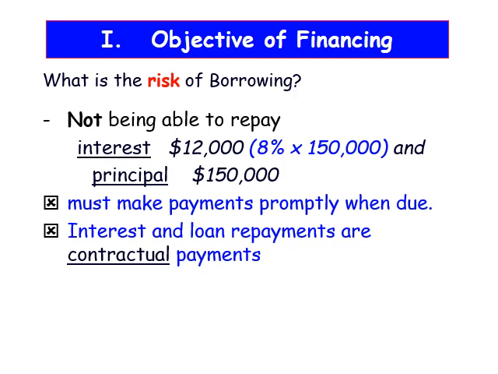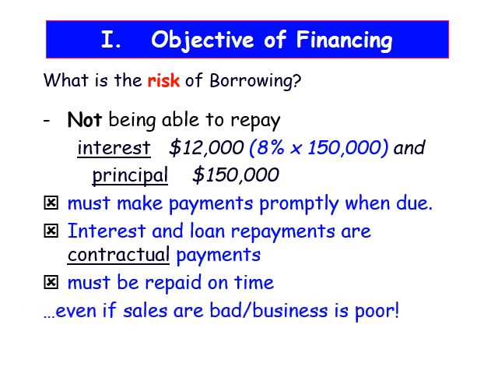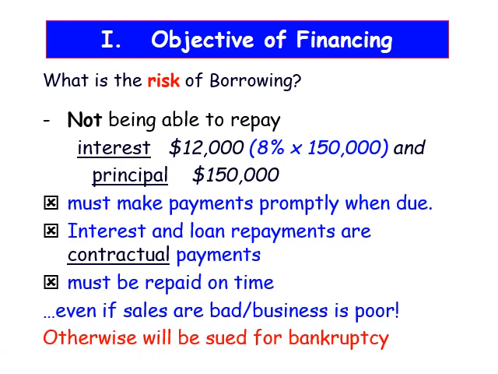That means it must be signed by contract and is bound by the contract. So the loan, the interest and the loan repayment must be repaid on time, even if sales are bad or business is poor. Otherwise, you will be sued for bankruptcy.